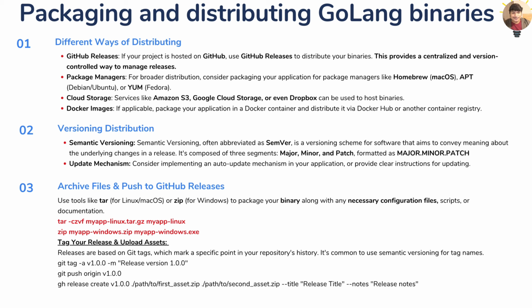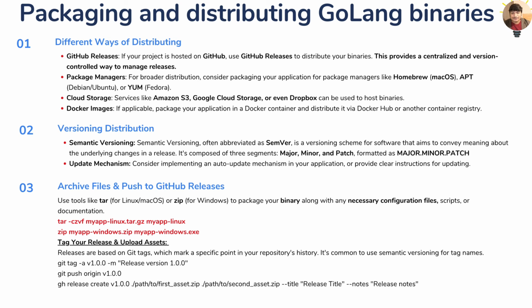Okay. Now let me give you some tips about how you can archive the files and push to GitHub releases. So to archive the files, for Linux and Mac, particularly use a tar package, or for Windows, you can use the zip package to package your binaries and necessary files, so that you can share with other people.